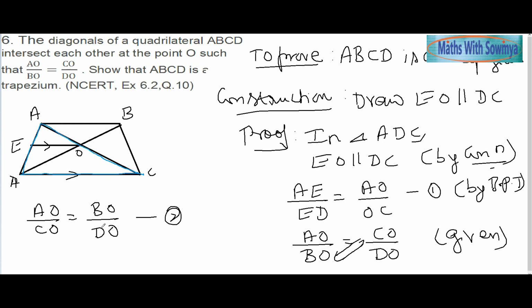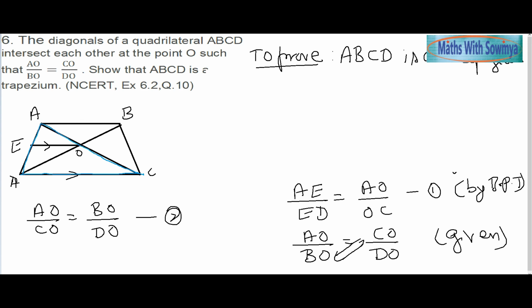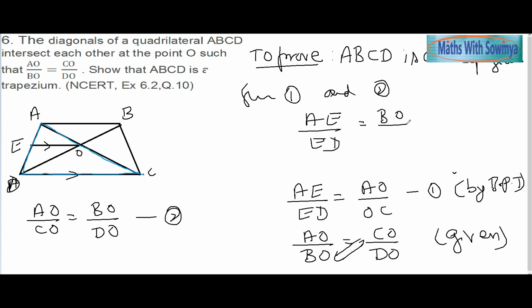So from 1 and 2, I can easily replace it. So I shall say from 1 and 2, AE by ED is equal to BO by DO. So I got this by this is equal to this by this.